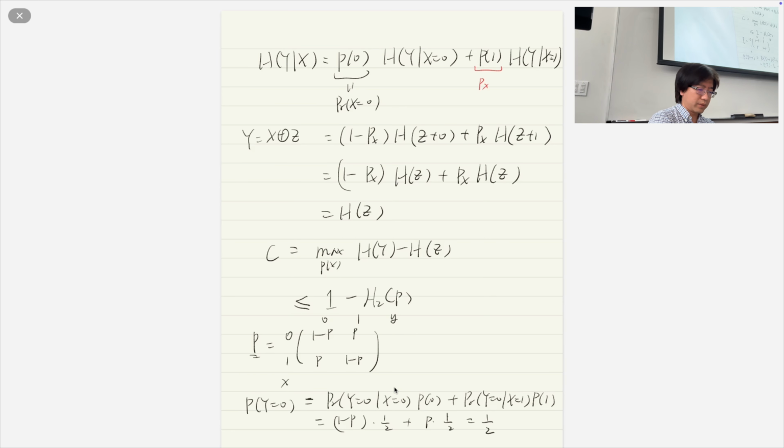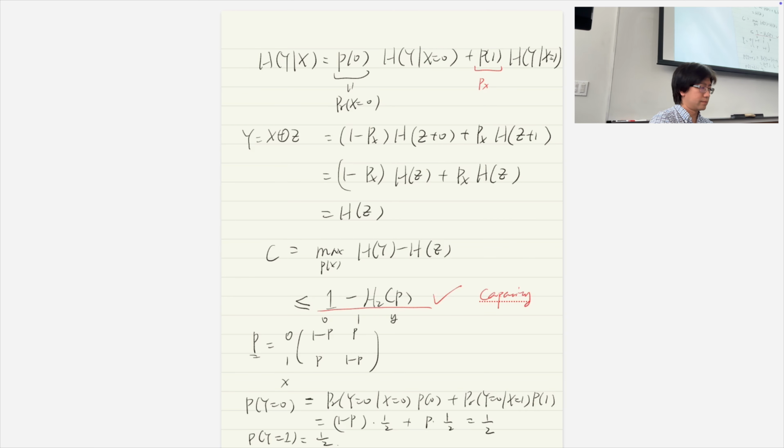Similarly, we can verify that the probability that y equals 1 is also half. You can see that when x is uniformly distributed, then y is also uniformly distributed. With y uniform, we can see the capacity, so this is indeed the capacity of a BSC channel.